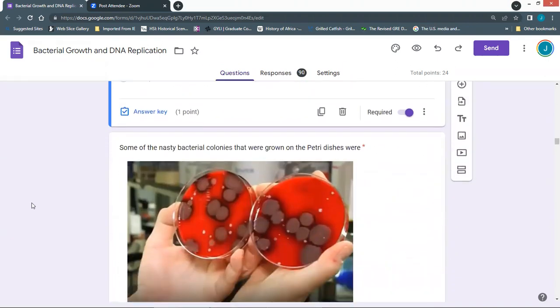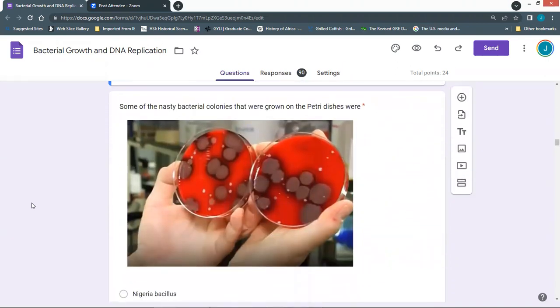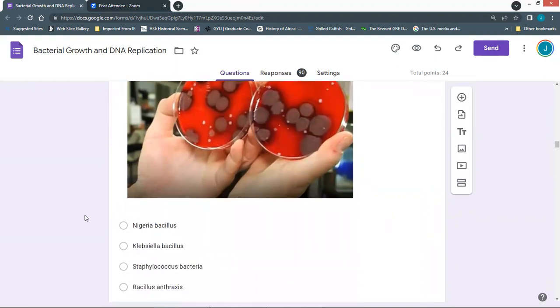And continuing on, some of the nasty bacterial colonies that were grown on the petri dishes. So Nigeria is a country. Niglaria, I think, was one thing that was mentioned in the video. But I purposely threw this in here to throw you off.